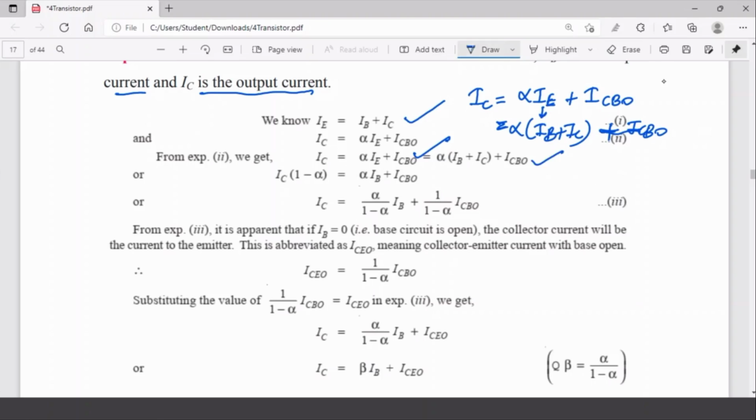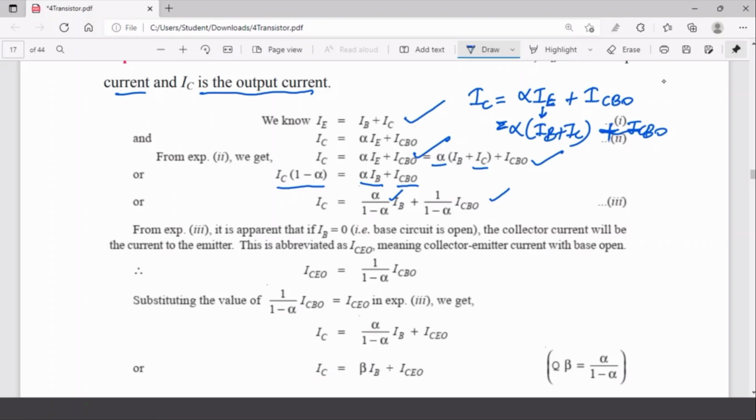And if we take the collector current terms on one side, so IC, this is alpha IC here, alpha IC. So if we take it on the other side, you'll get IC into (1 minus alpha). And what is the other term? Alpha into IB plus ICBO. So IC, we have written here, is alpha upon 1 minus alpha into IB plus 1 by 1 minus alpha into ICBO, which we had already derived also.